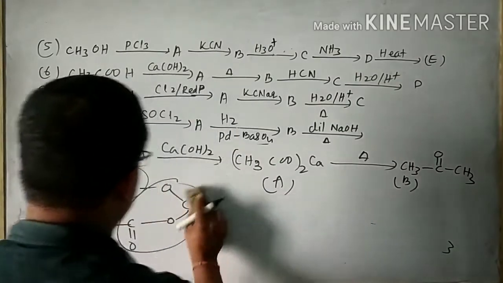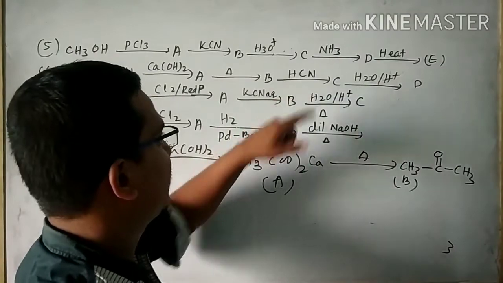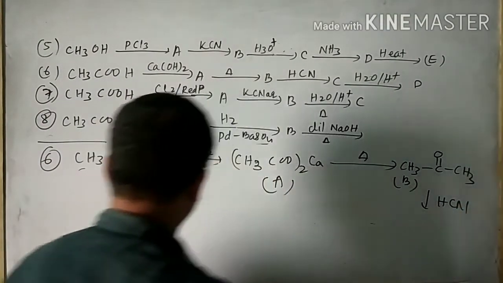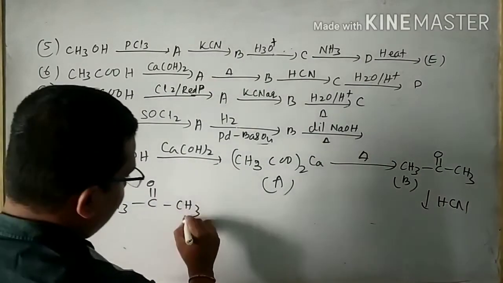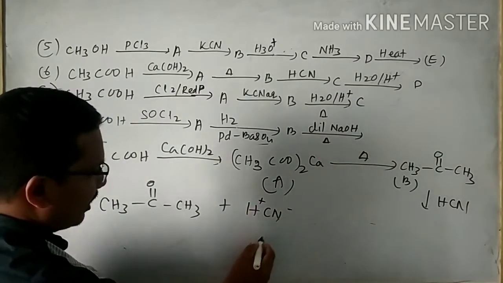Next, B is subjected to reaction with HCN. This is the structure of acetone. Now it is subjected to reaction with HCN, H plus, Cl minus.